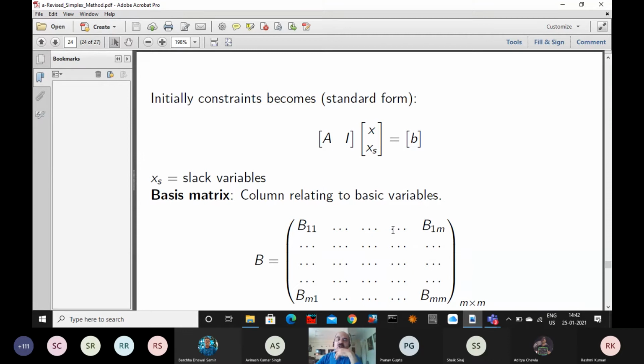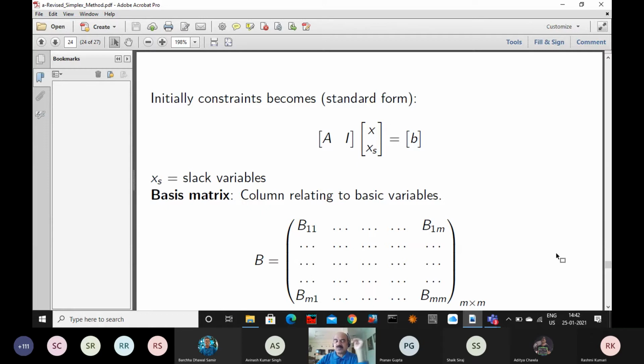So it is [A I] times [x; slack variables] equal to b. The brackets are not required on the right side; we write simply b in general. So this is a vector of slack variables.